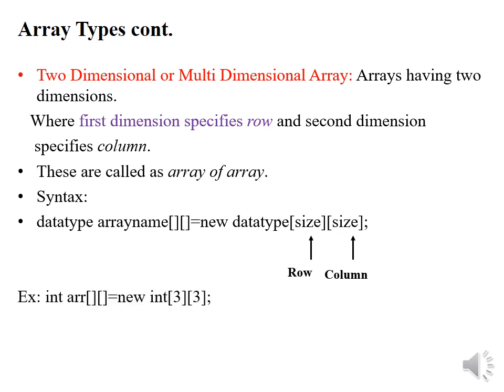Example, suppose int ARR, a two-dimensional array that I want to declare, is equal to new int 3, 3. So what does it indicate? You are creating the ARR array of integer data type having 3 rows and 3 columns.